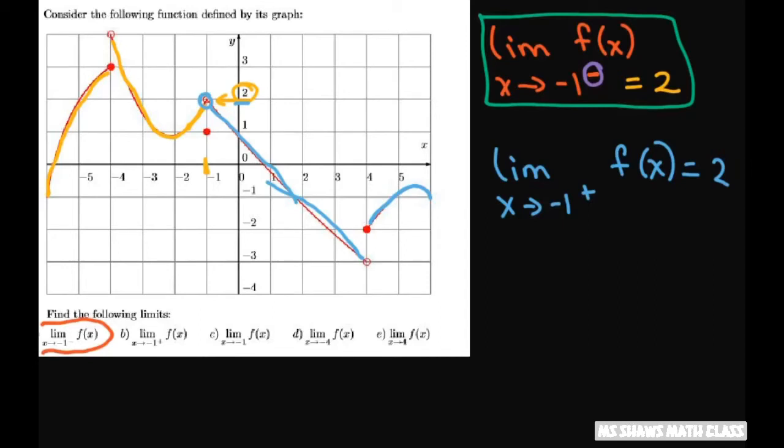Now, anytime it says the limit as x just approaches -1, so we'll do the limit as x approaches -1 of f of x, you have to do both the left and the right. We already did it, but let's say you have 2 friends and you're going to meet at -1. So here you are, you're going to meet at Chick-fil-A.